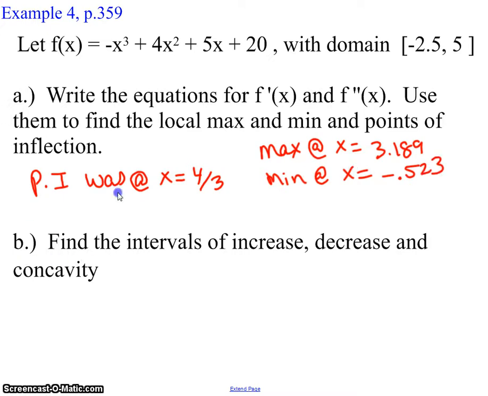Now, which I also answered on part A, but part B says find the intervals of increase and decrease. For intervals of increase and decrease, we've done that before, and you're going to graph the first derivative, which was an upside down parabola that passes through negative 0.523 and 3.189.